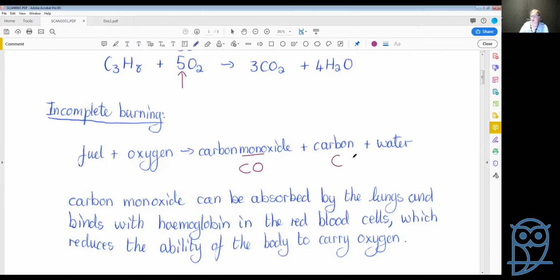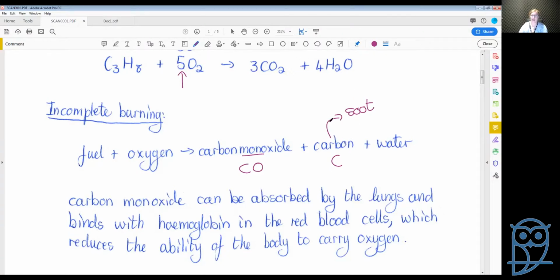We can also get some carbon where it doesn't have any oxygen molecules over here. So this carbon is soot. So that is the black stuff that you get on the inside of chimneys, all sorts of things like that. That is soot.